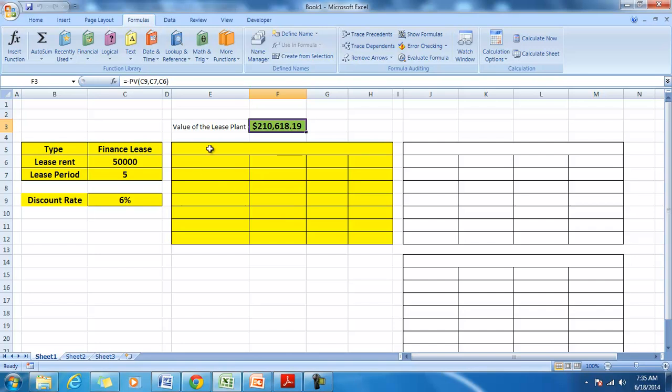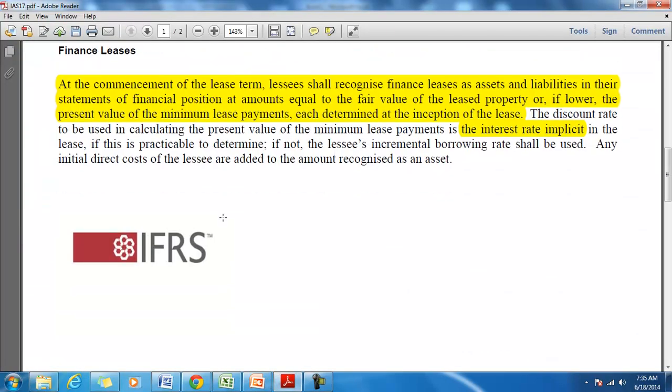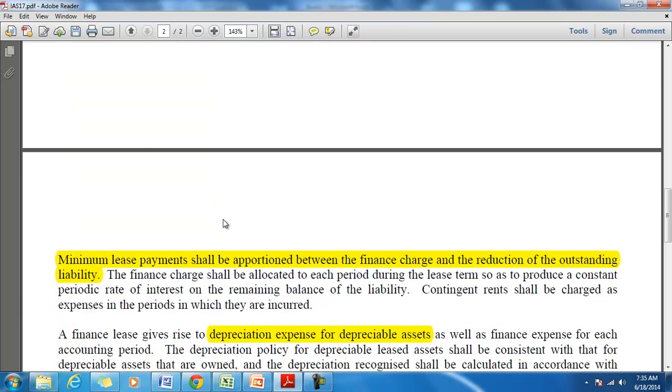Now since this is the lease rent payable, the accounting standard says that every subsequent year the lease rent shall be apportioned between the finance charge and the reduction in the principal component of the loan.